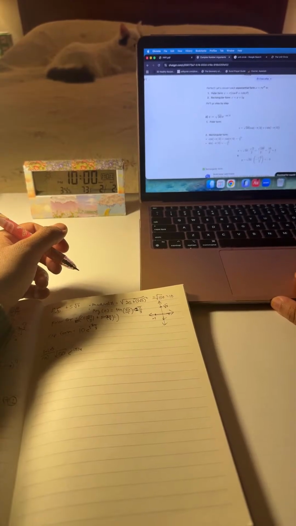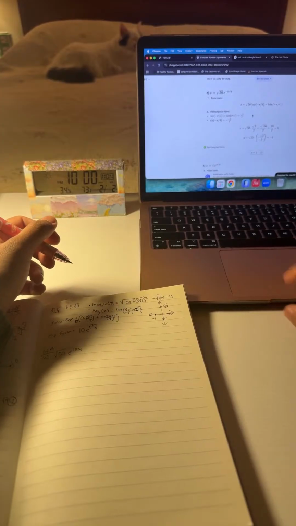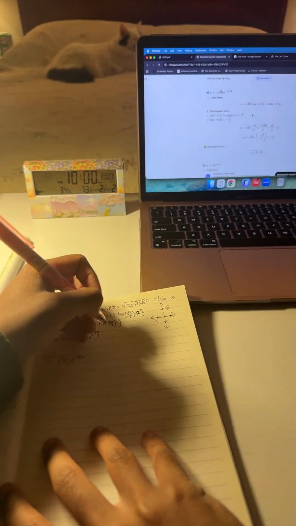And then y is r sine theta. x is r cosine theta, and y is r sine theta. That's how you get your rectangular form. Alright, so we don't have much time.